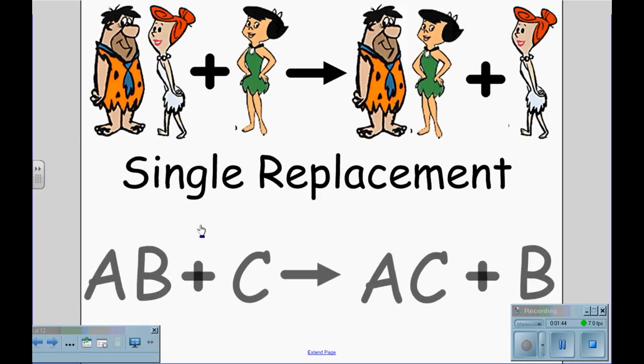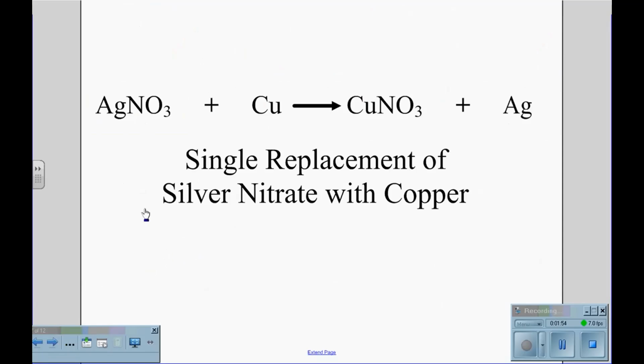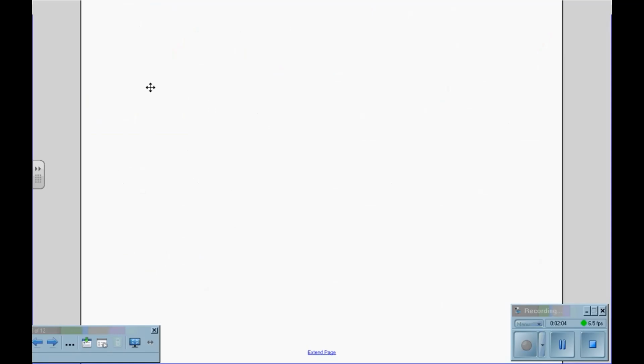So AB plus C gives off AC plus B. We are replacing one part of the compound. This is called single replacement, and this happens when silver nitrate combines with copper to create copper nitrate and release silver.